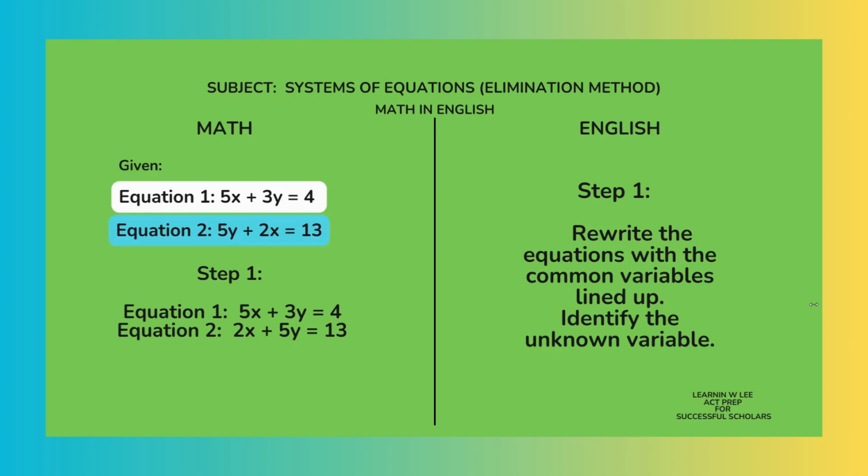But in this example, we're just going to use two variables. And so our unknowns, or our variables, again, are x and y. To line up our common variables, we'll line up the term 5x with 2x, 3y with 5y, and our constants 4 and 13.